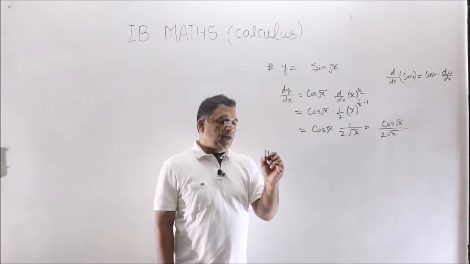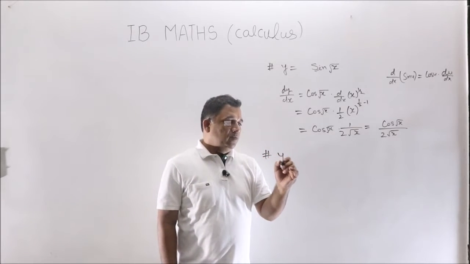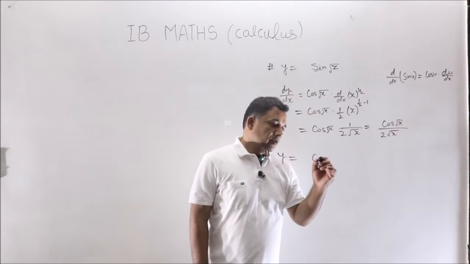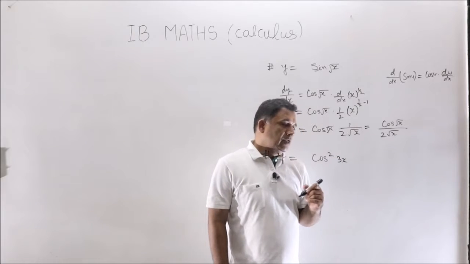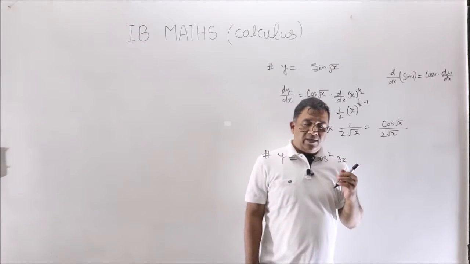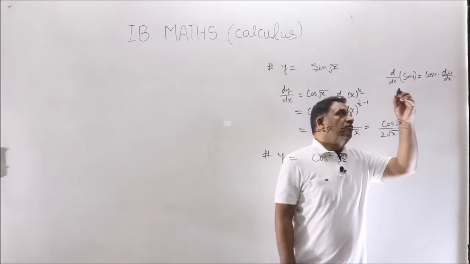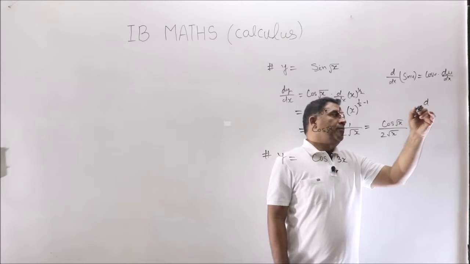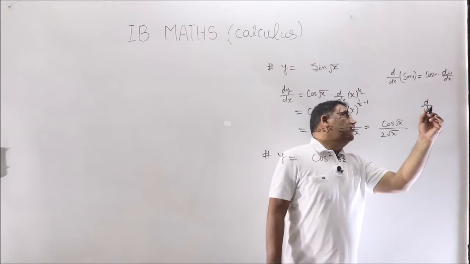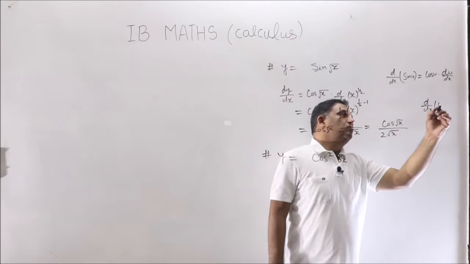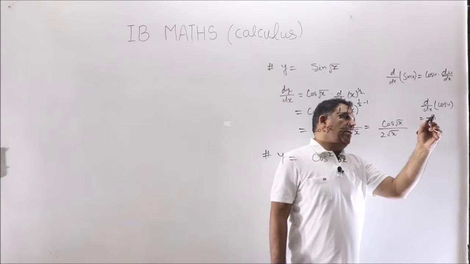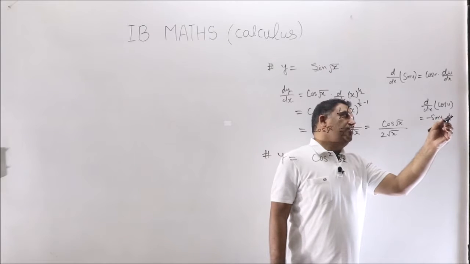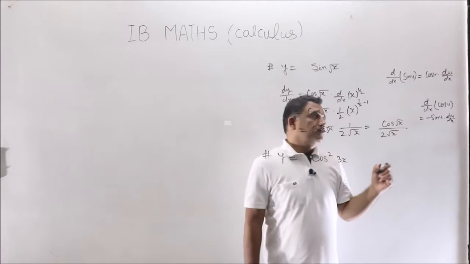Suppose we do another question like y equals cos squared 3x. First of all, for finding the derivative of cos, we must use the formula: the derivative of cos u gives minus sine u times du by dx.